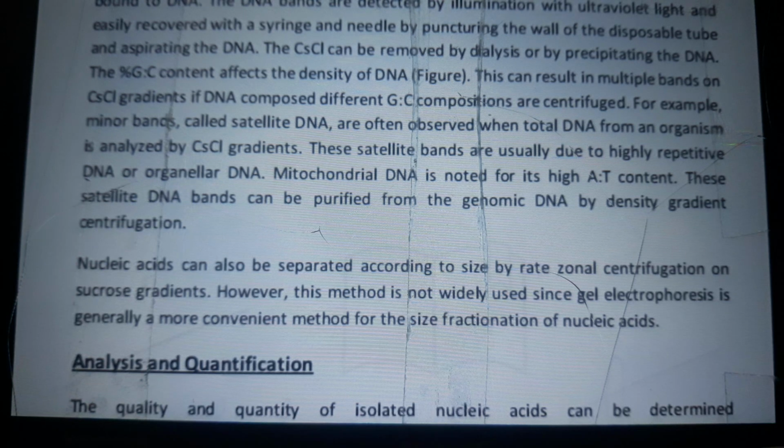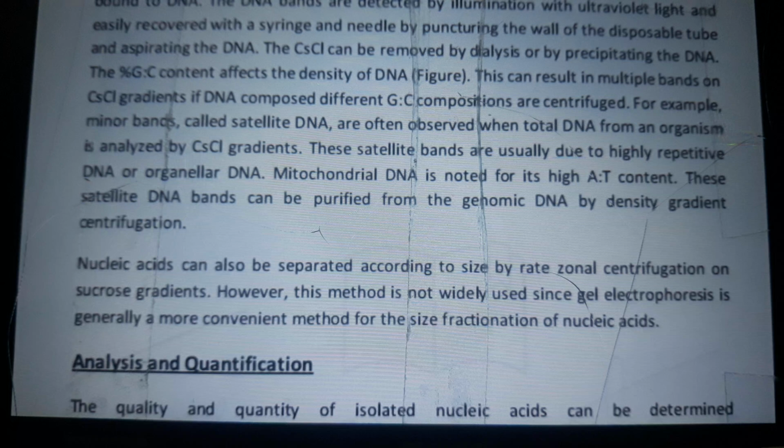The percentage of G and C content affects the density of DNA as shown in the figure. This can result in multiple bands on CsCl gradients if DNAs of different G and C compositions are centrifuged. For example, minor bands called satellite DNA are often observed when total DNA from an organism is analyzed by CsCl gradients.